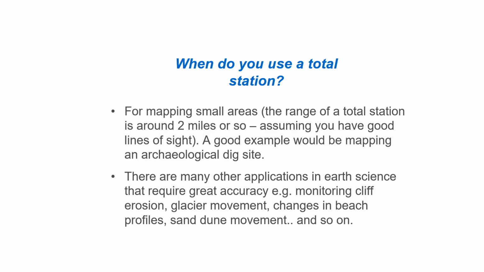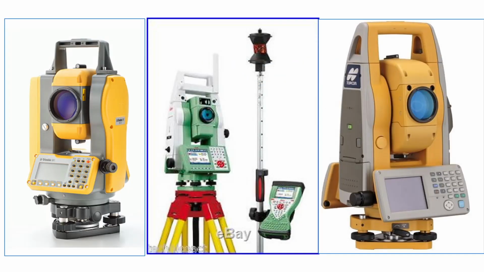A good example would be mapping an archaeological dig site. There are many other applications in earth science that require great accuracy, for example monitoring cliff erosion, glacier movement, changes in beach profiles, sand dune movement, construction, etc.